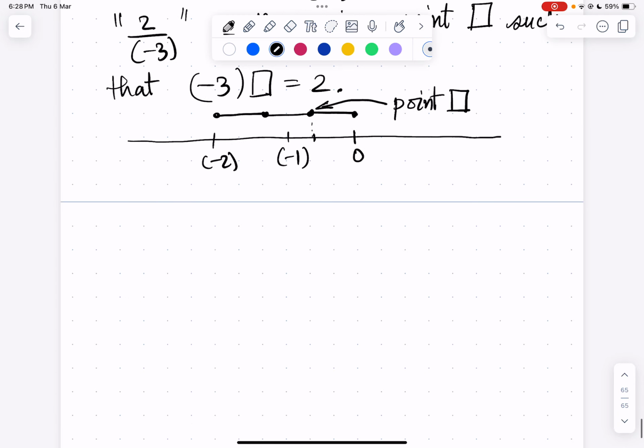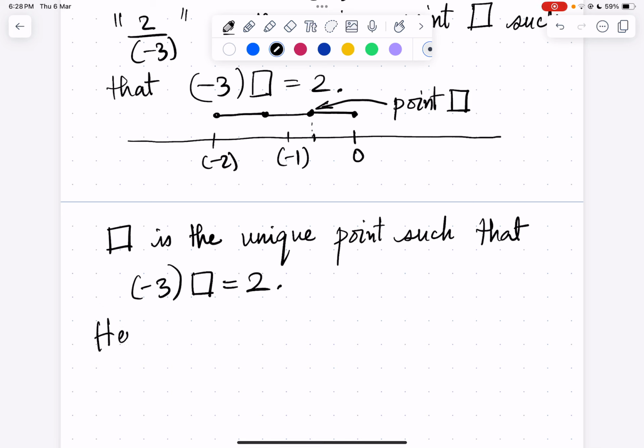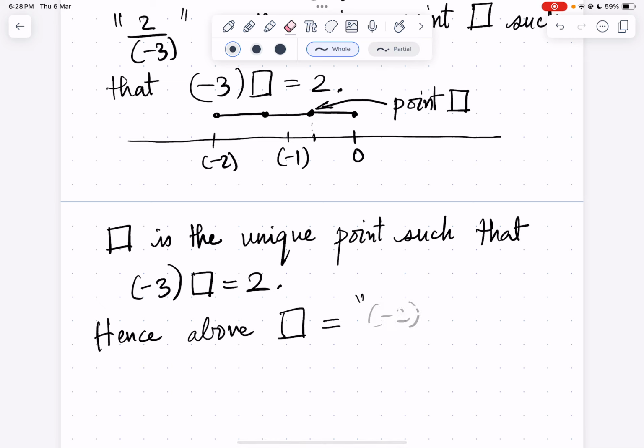Now intuitively we see box is the unique point such that -3 times box will give you 2. Hence above box equals 2 by -3.